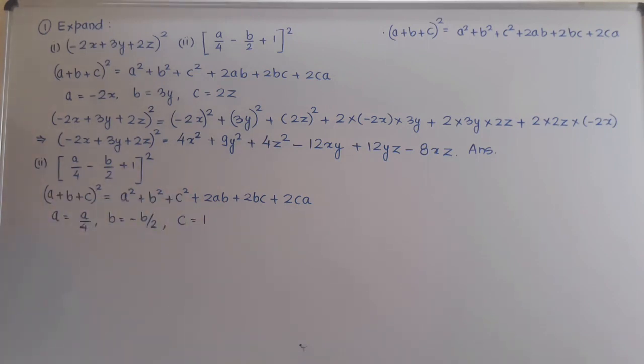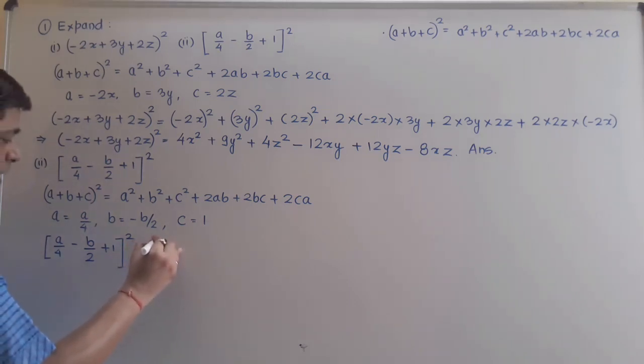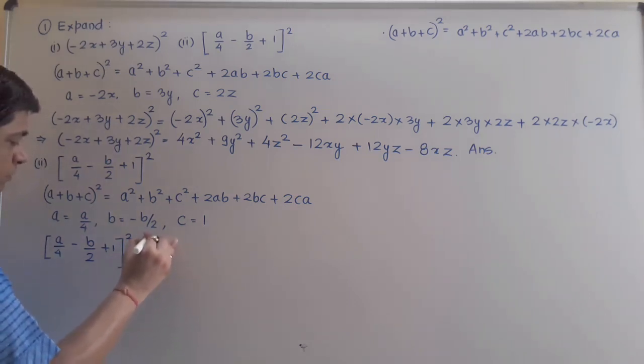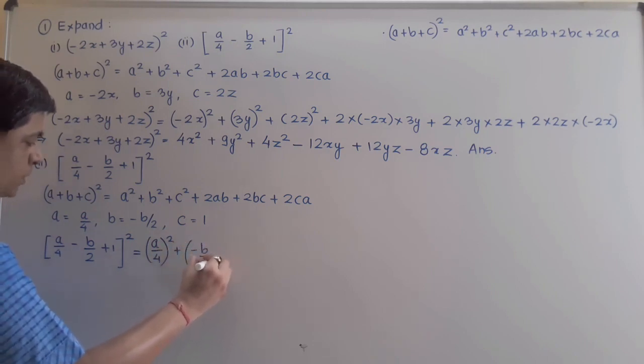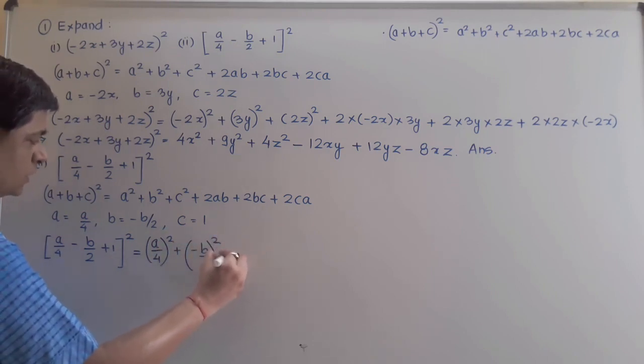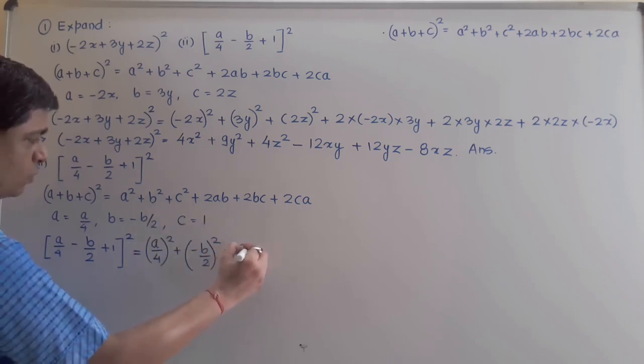First, the value of a is a upon 4. b I am keeping as minus b upon 2, so this minus sign and plus sign will become minus here, and c I am keeping as 1 whole power 2. Now again put the value of a, that will be a upon 4 whole power 2 plus in the bracket minus b upon 2 whole power 2, then c will be equal to 1 square.